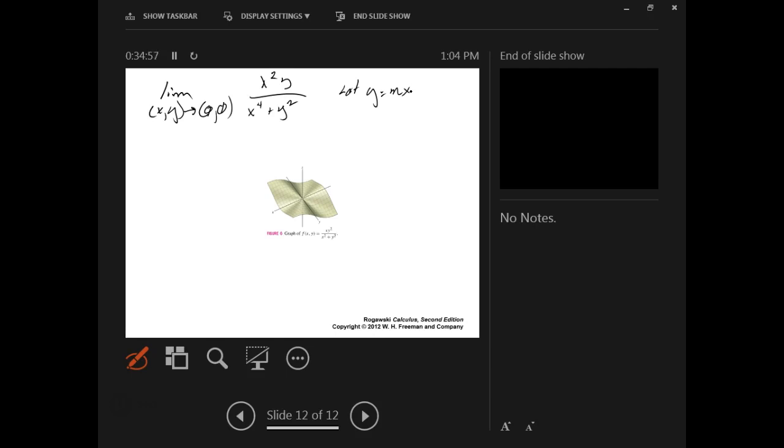Well, this will be x squared times mx. Y squared is equal to m squared x squared. And the denominator will be x to the fourth plus m squared x squared.